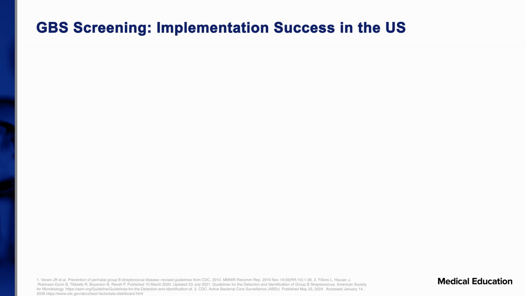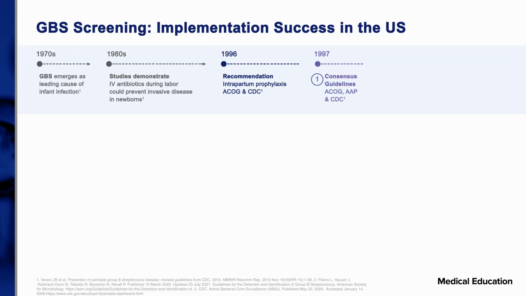The consensus guidelines between ACOG, AAP, and the CDC were first released in 1997. And then universal screening was adopted in 2002. And that brings us up to present day, where the guidelines are transferred to ACOG, ASM, and AAP. But when we go back to what this did, when we look at this timeline, there's a couple things I want to point out.